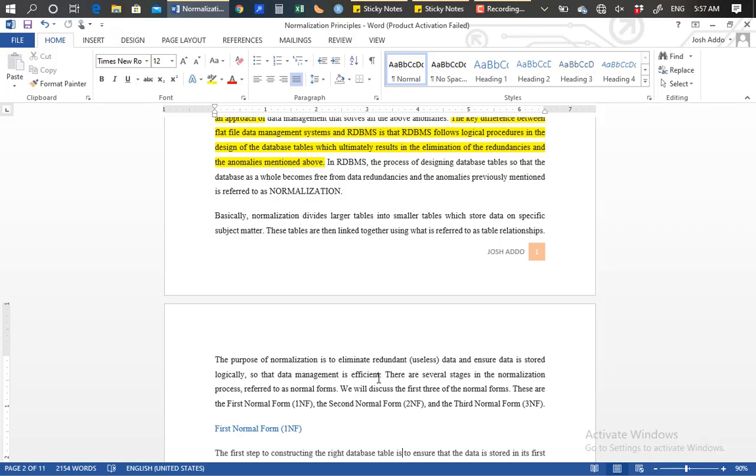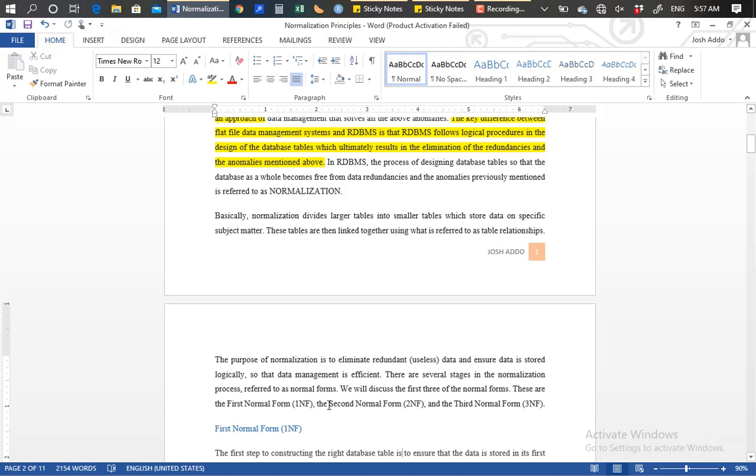The names of these first 3 normal forms are very simple. First one is called first normal form. So for your database to be well normalized, you should be in first normal form, or your table design should conform to first normal form principles. First normal form is normally written in short form as 1NF. 1 represents first, N represents normal, and F represents form.